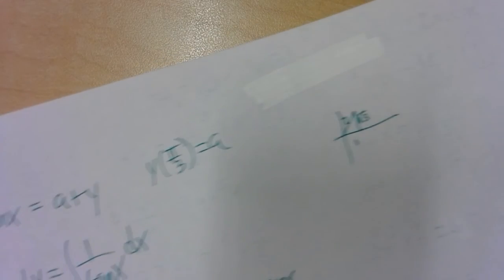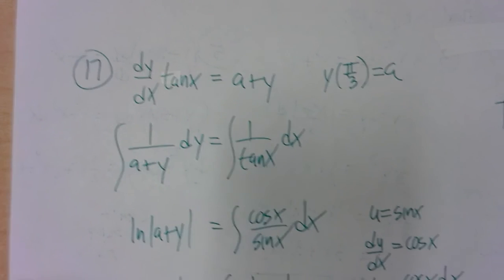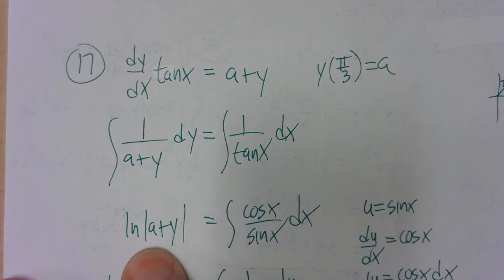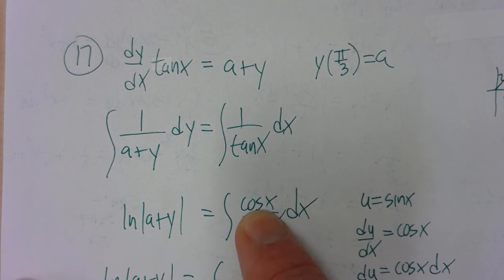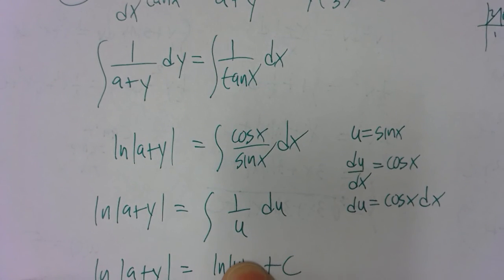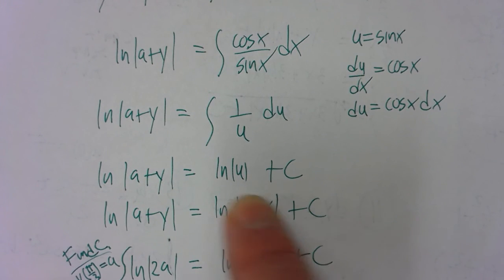Okay, and the last one, it's real fun. It takes up the whole page. So let's see. We separated it here. That's going to the antiderivative. That's natural log. A is just a constant. I did this as cosine over sine because it's 1 over tangent. Did a u substitution. I got that after the u substitution.